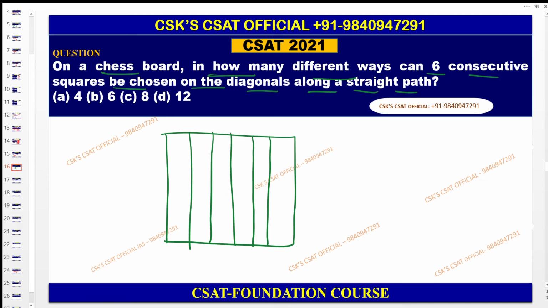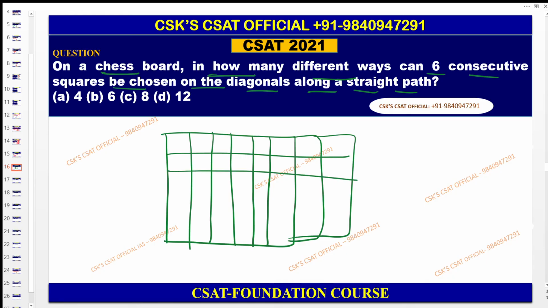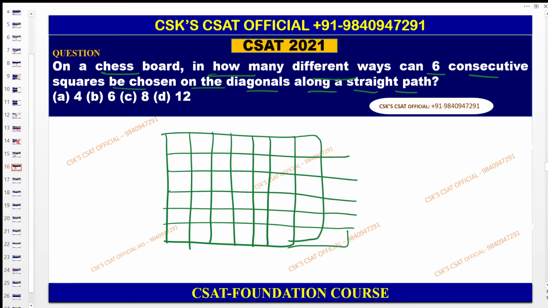1 2 3 4 5 6 7 8. So now 1 2 3 4 5 6. Okay, so consider as a 6 here. So another 2 we have to put.